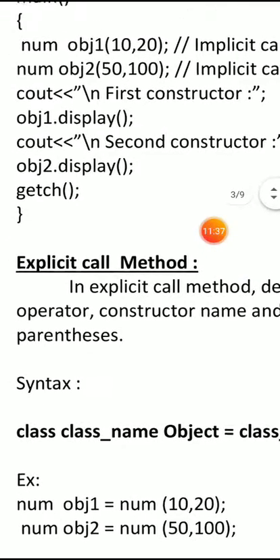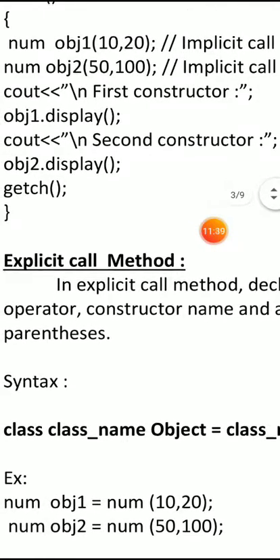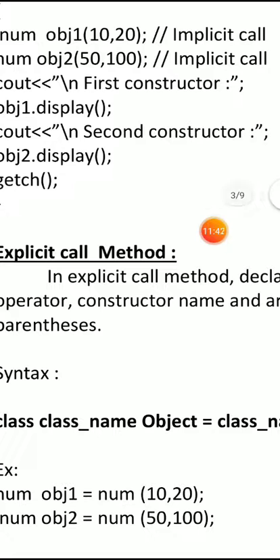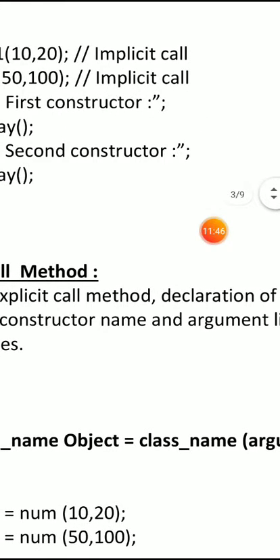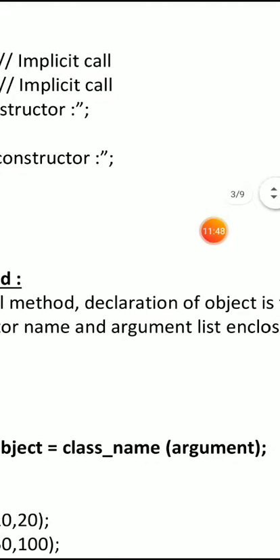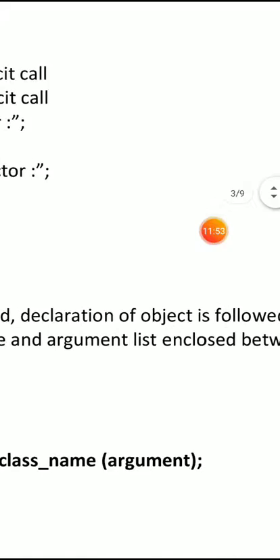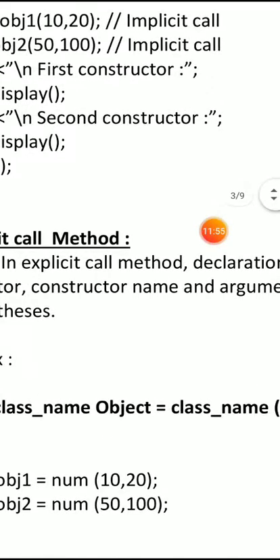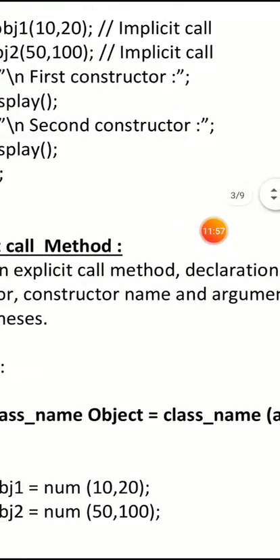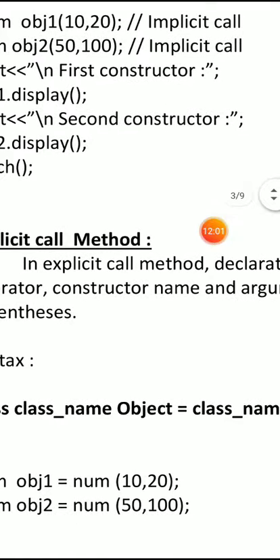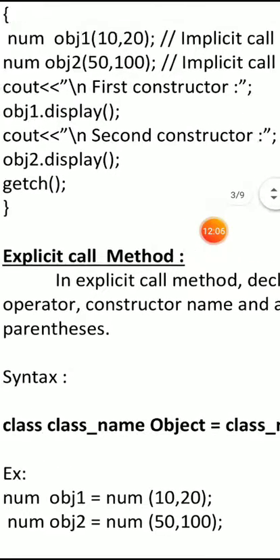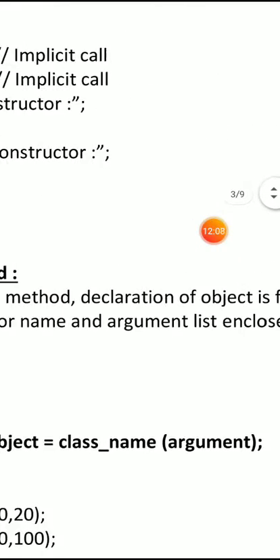Next part is the explicit method. In the case of the explicit method, the object is created, and the declaration of the object is followed by an assignment operator, constructor name and argument list. So, object equal to class name, then argument list.